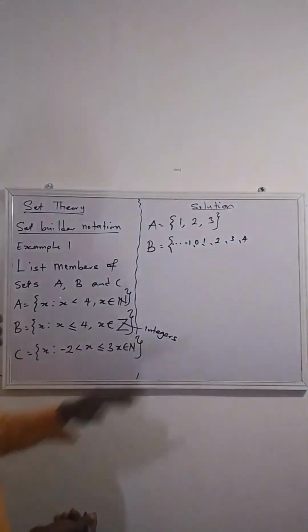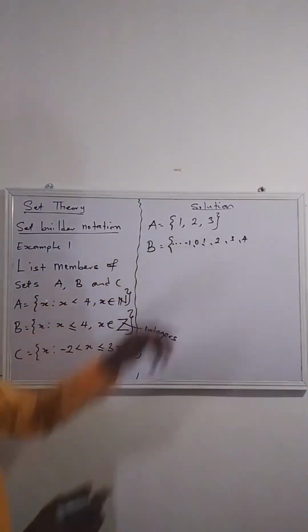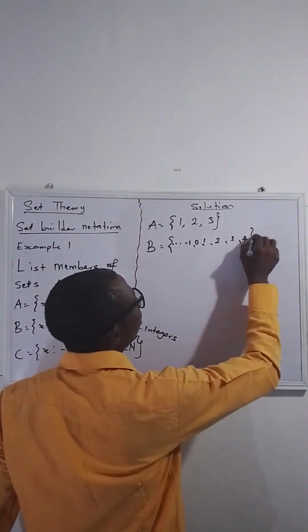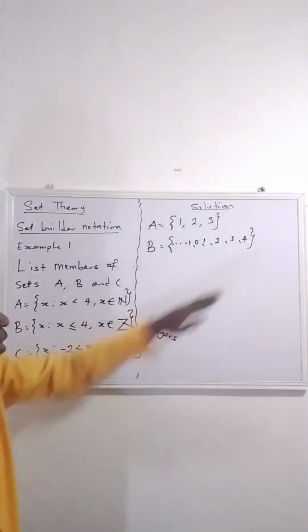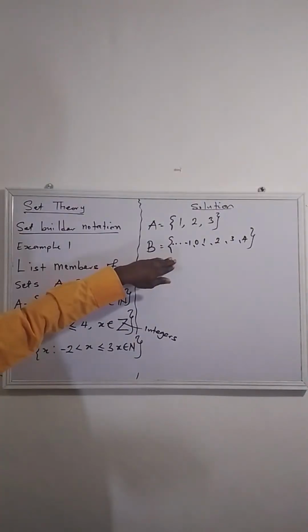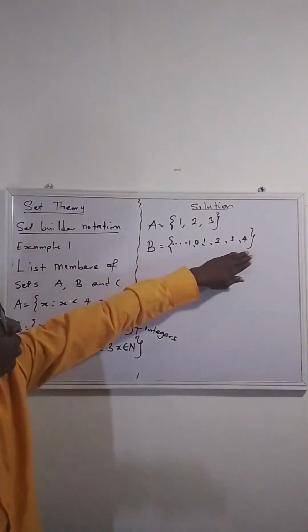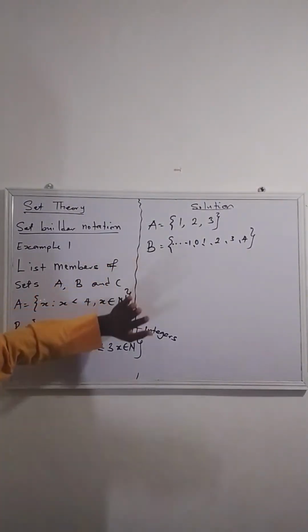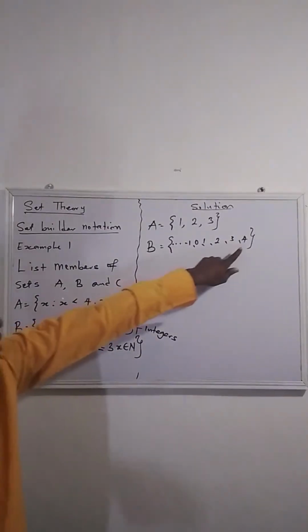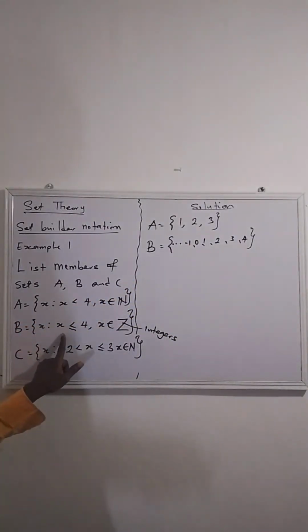All of these numbers listed are whole numbers, and as you can see, all of these are also less than or equal to 4.